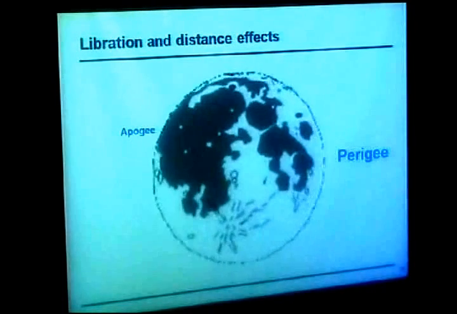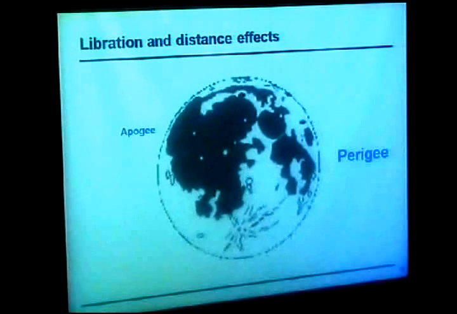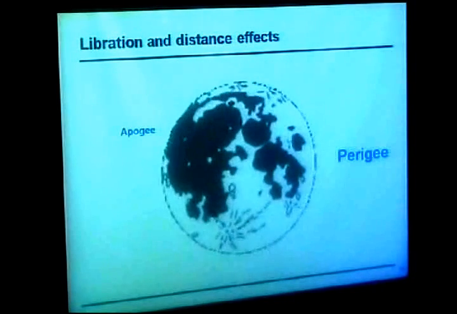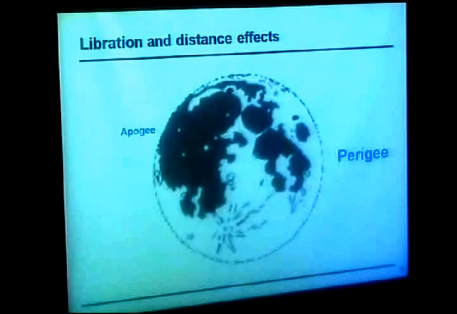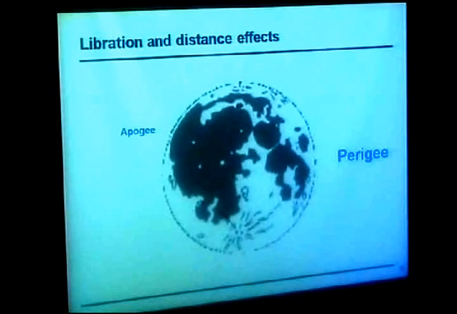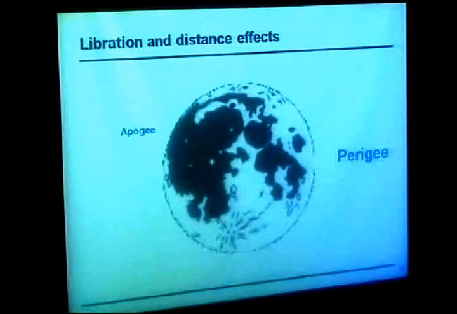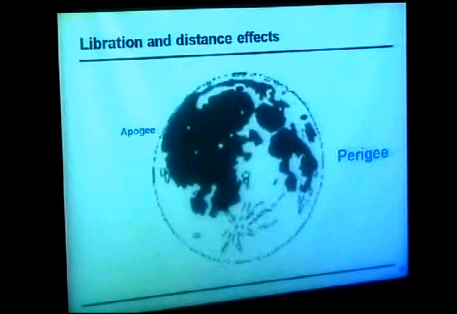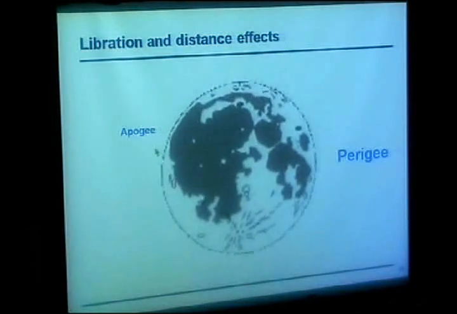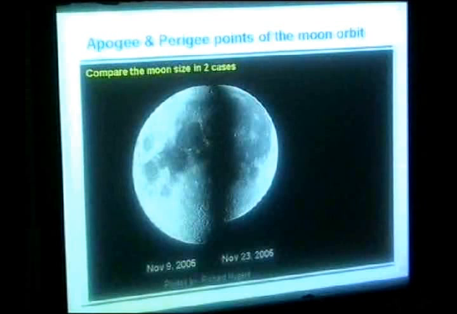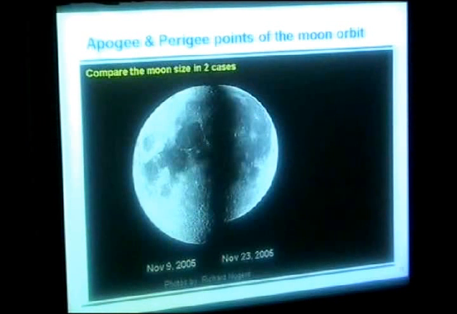Next, libration: we discuss the distance between the Earth and the Moon at the apogee and perigee points of the Moon's orbit. The size of the Moon has these 2 cases, large and small.